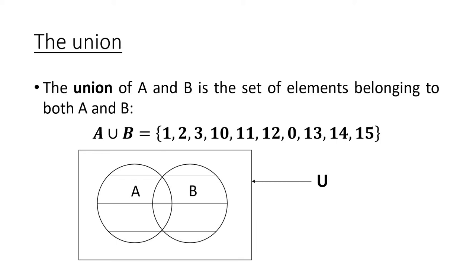Because in this case, you're going to account for this intersection twice, which is not a right way to denote the union. That's why if there are some elements which are replicated, they belong to both A and B, you include them in the union of A and B, but only one time.